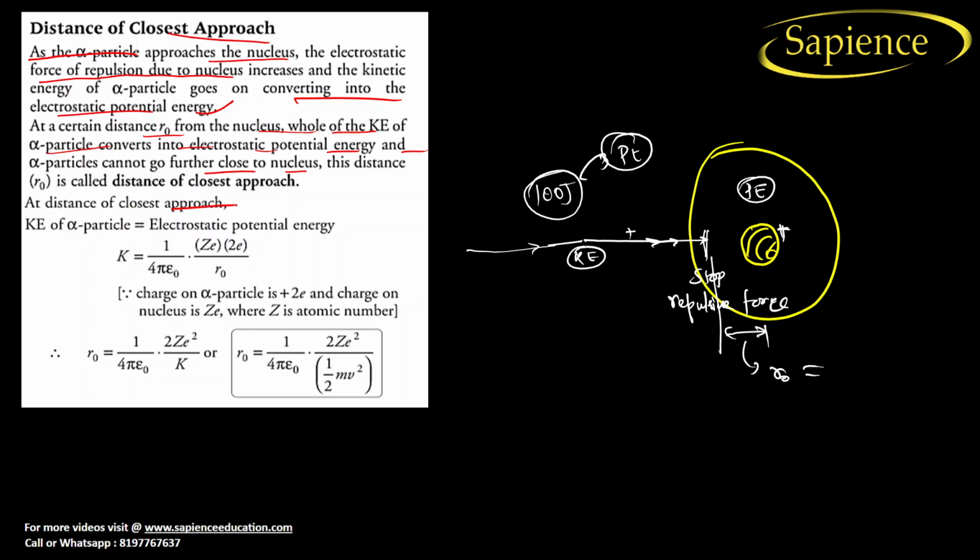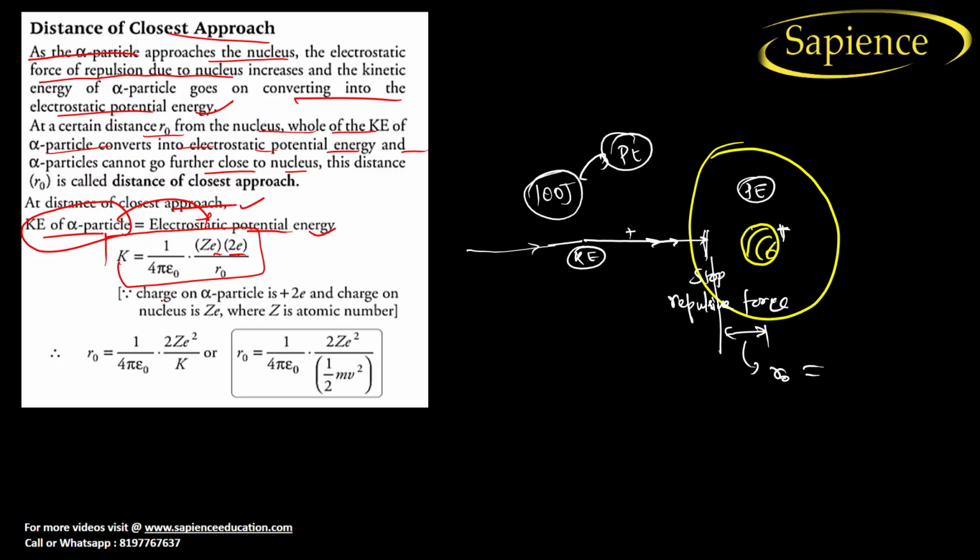Now at this distance of closest approach, the kinetic energy of the alpha particle is equal to the electrostatic potential energy. Why? Because whatever kinetic energy the alpha particle had has been converted into electrostatic potential energy. So from here we can say that the kinetic energy is equal to 1 by 4 pi epsilon naught into Z, the number of protons, into 2e divided by r naught.